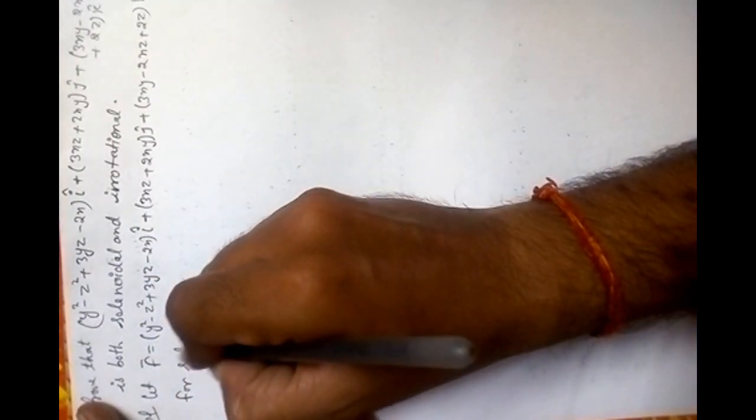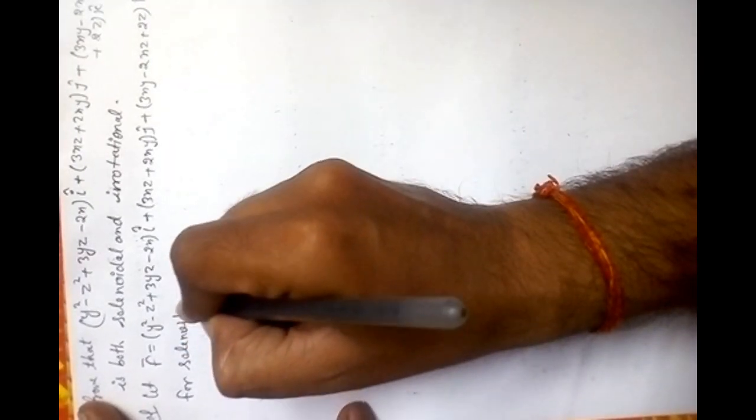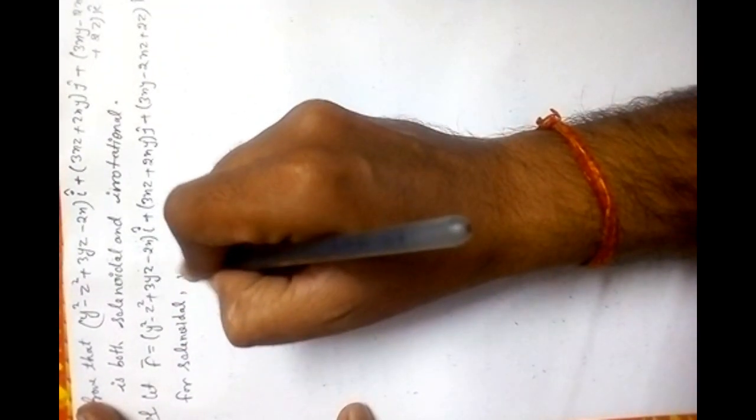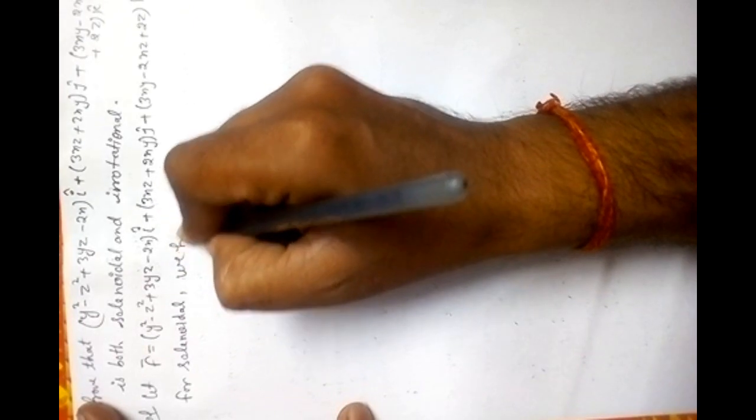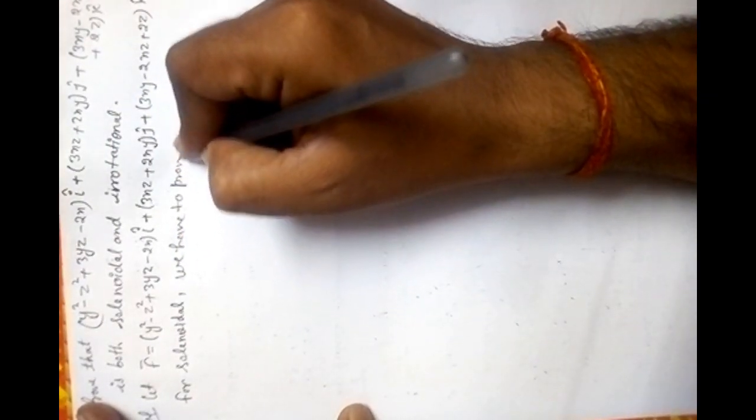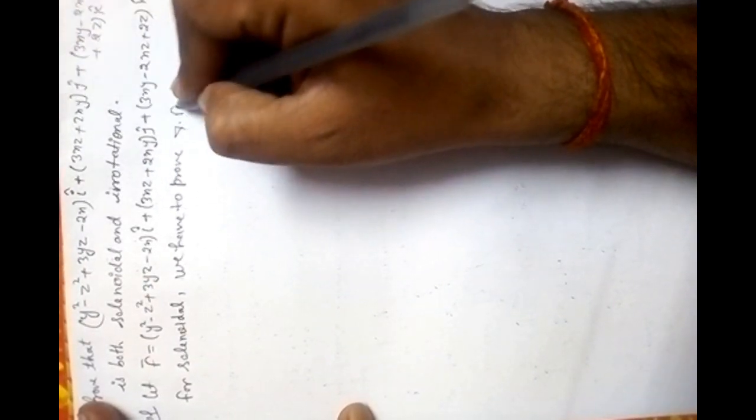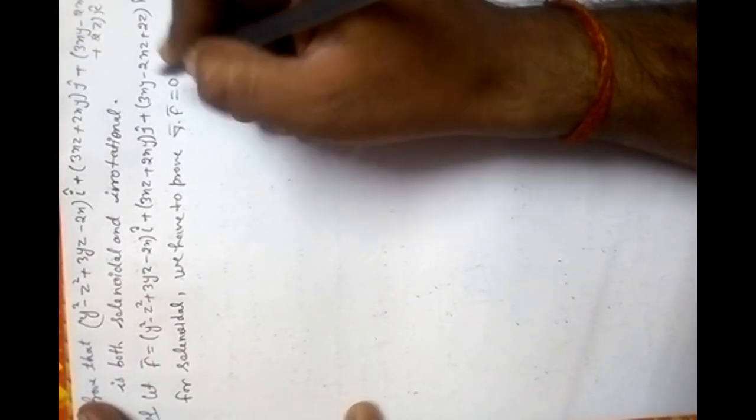For a solenoidal vector, we have to prove that del dot f is equal to 0.